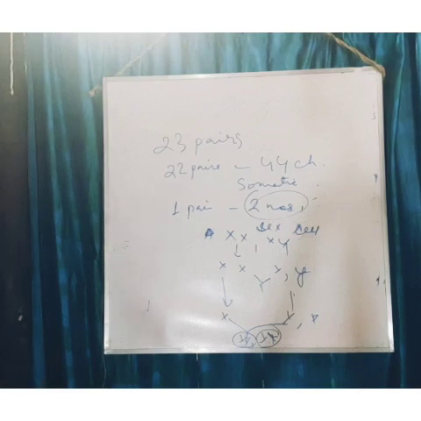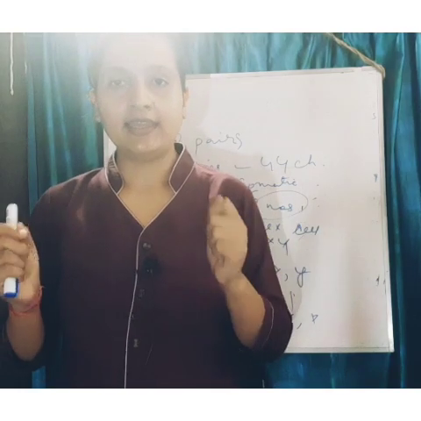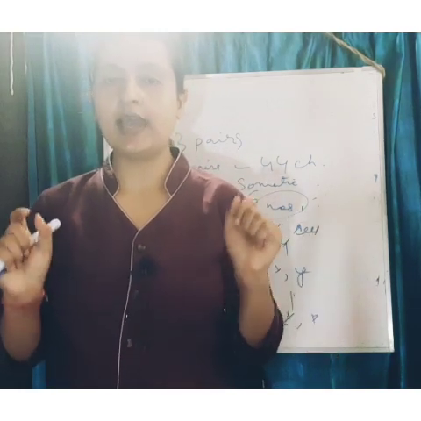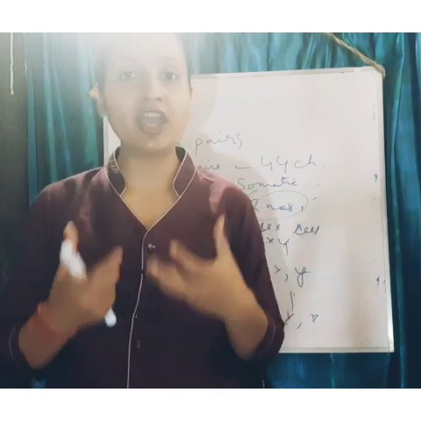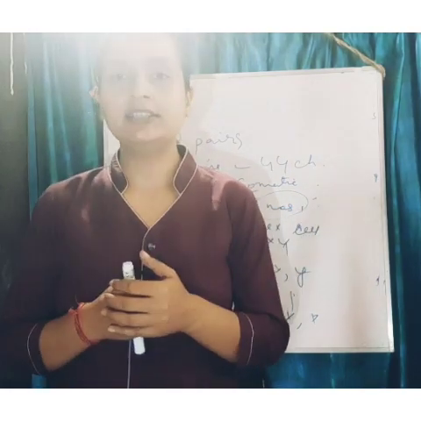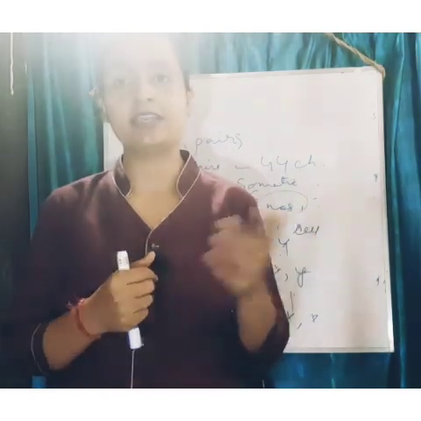Sutton and Boveri, both of them were carrying out some experiments, and they found the nature and behavior of the chromosome. They found that the chromosome behavior is similar to Mendel's laws that he had proposed.